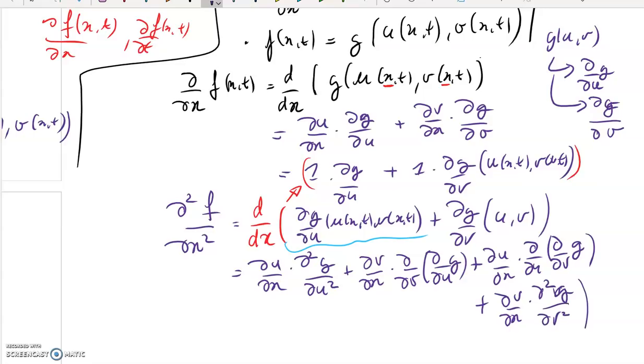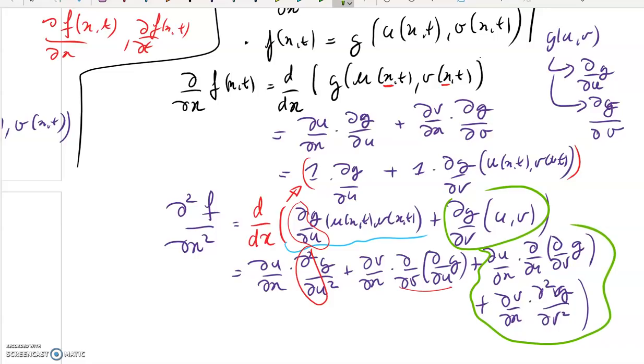Okay, so you see what I did was just the d2 over du squared comes from when I differentiate this with respect to the u variable again. This is going to be the cross derivative when I'm still on that term, and when I'm working on this one here, this is all the terms it's giving me.